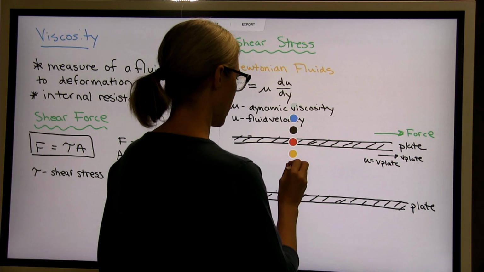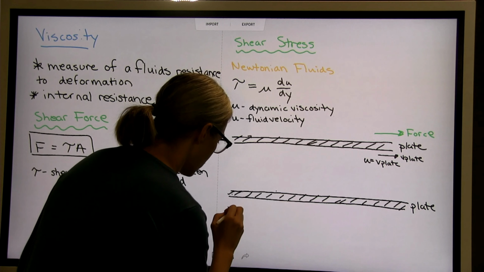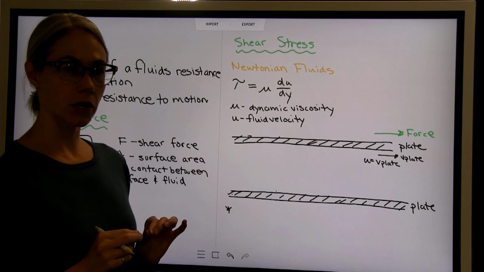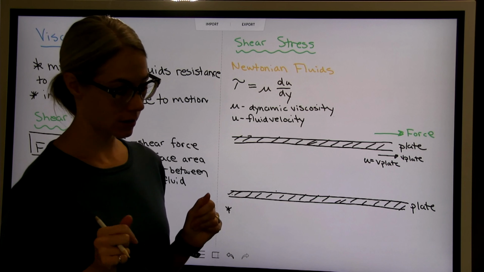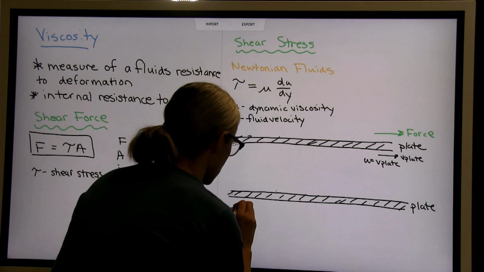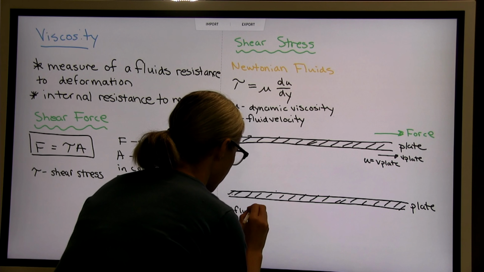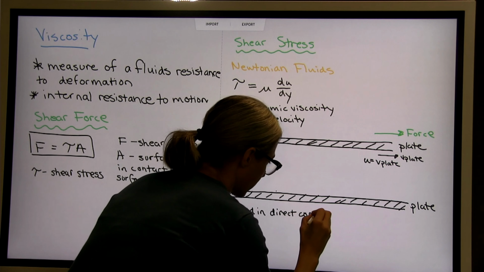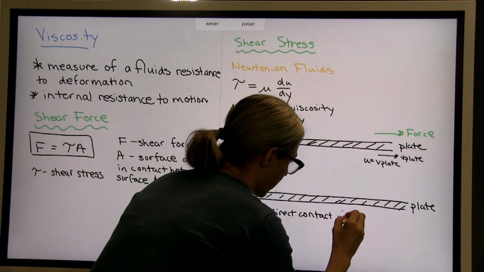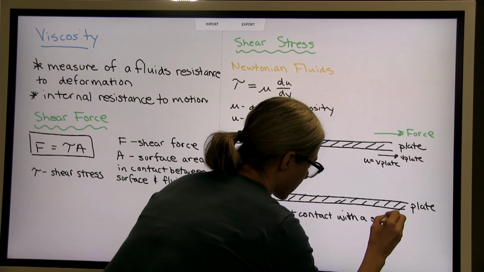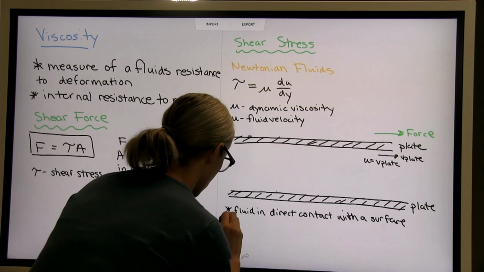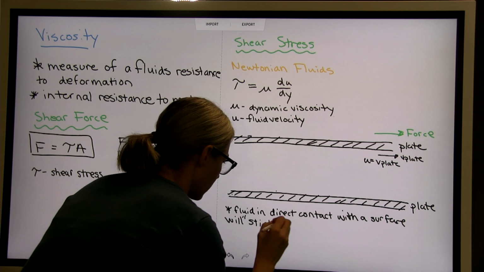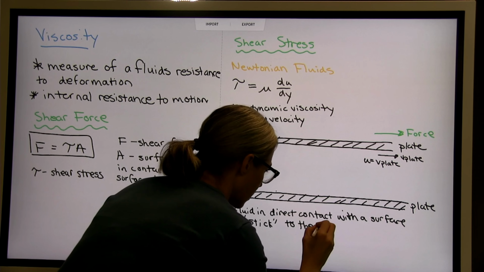And we know that because we know that fluids in contact with a surface will stick to that surface. So a fluid in direct contact with a surface will stick to the surface.